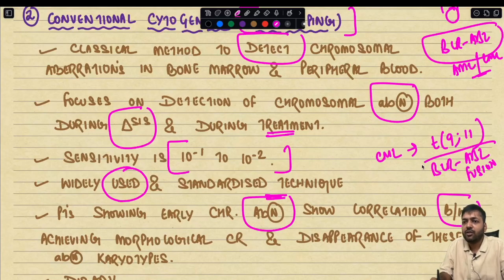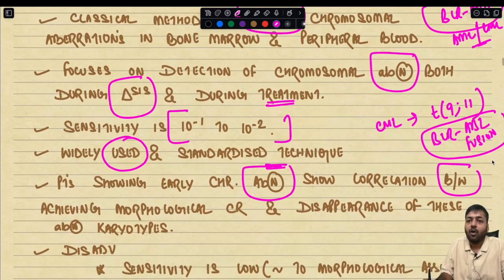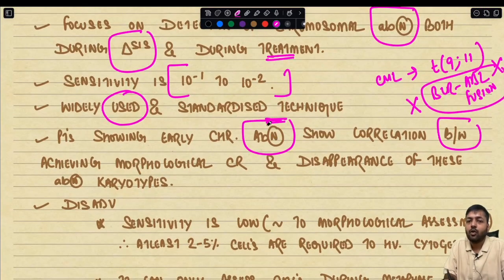If this fusion transcript is detected very early in the disease process, then after the patient receives treatment, when the patient shows clinical remission, at that time this is also disappearing from the bone marrow and from the blood. So that is correlating. Patients who show early chromosomal abnormality show a correlation between achieving morphological complete remission and disappearance of these abnormal karyotypes from the blood and bone marrow.